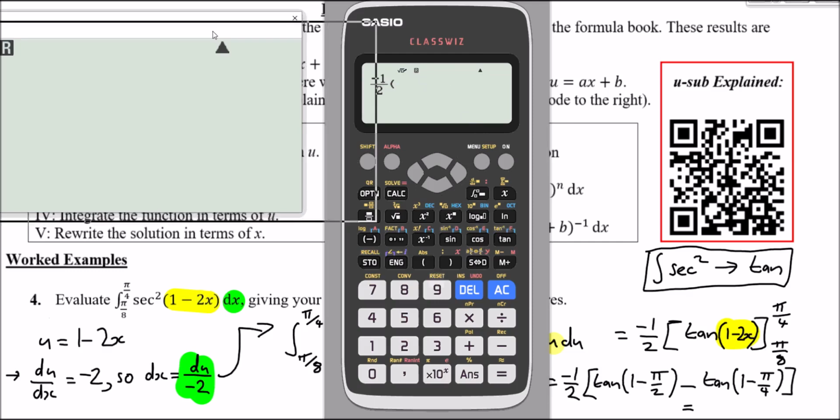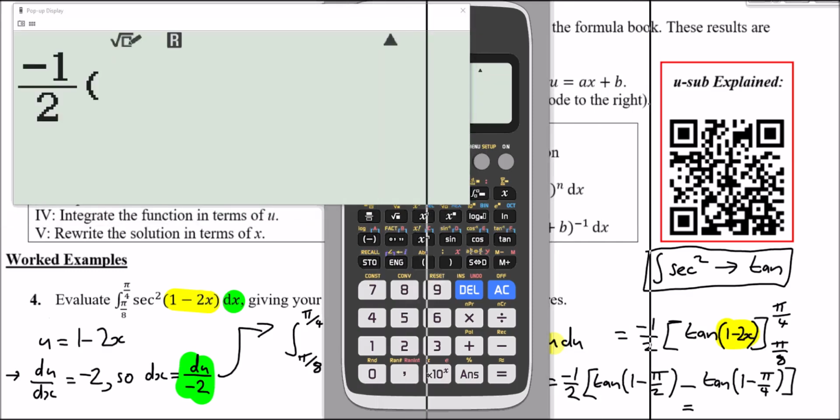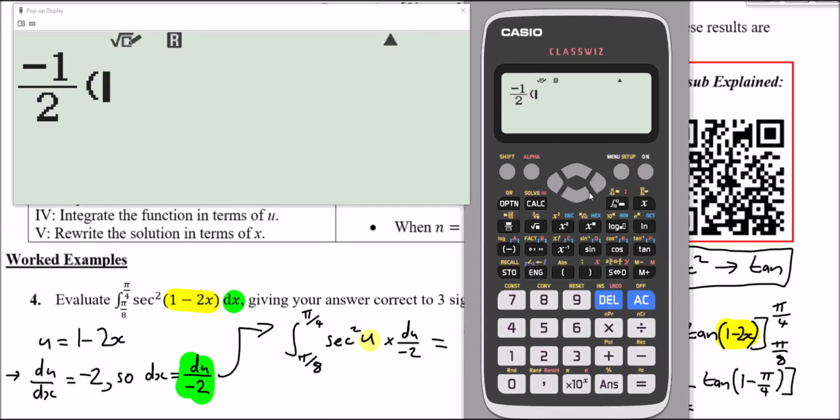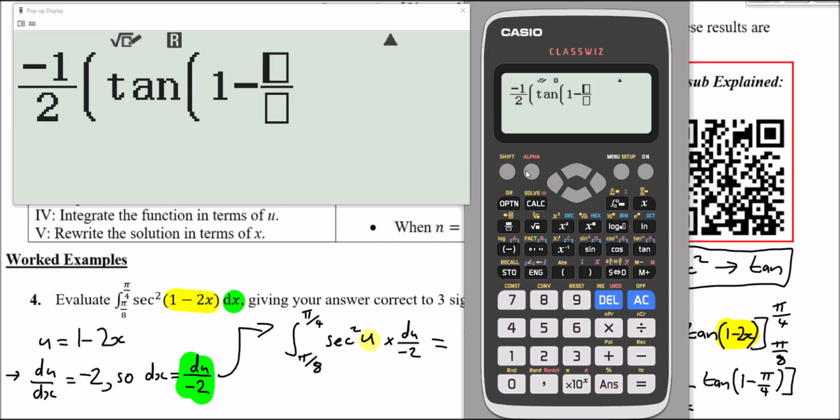By gosh, make sure you're in radians, otherwise you're going to be in for a world of hurt. So then it was tan of 1 minus pi over 2. So then we do fraction button, shift, pi over 2, and then close brackets.